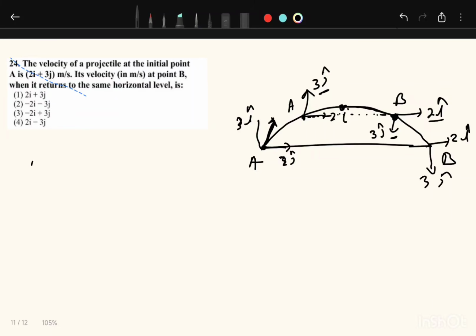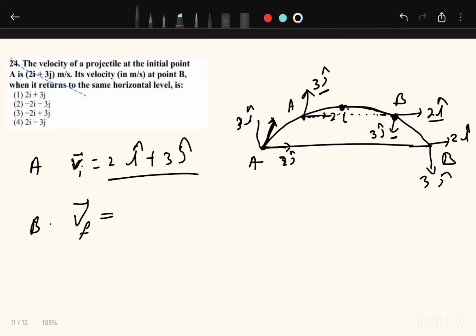So at point A, your velocity vector was what? 2i cap plus 3j cap, right? And what will be your velocity vector at the final point, point B? 2i cap will remain the same, right? Only your velocity in the y direction is now downward. Earlier it was upward, now it is downward.